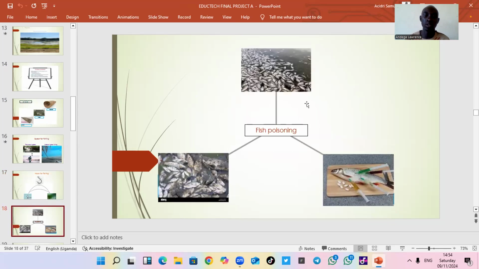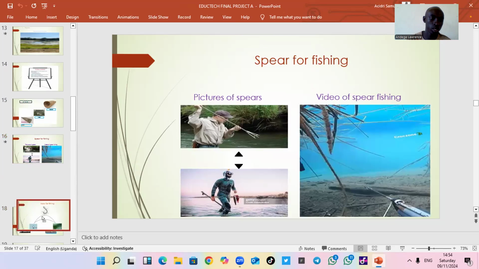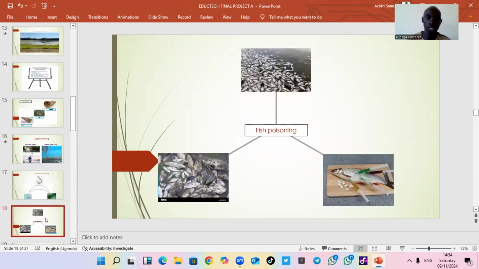Here, I used a mind map, and this mind map talks about fish poisoning. So fish poisoning is another traditional method of fishing whereby poison is placed in the water body, and in due course, the fish try to eat the poison in the water and they die in large quantities.